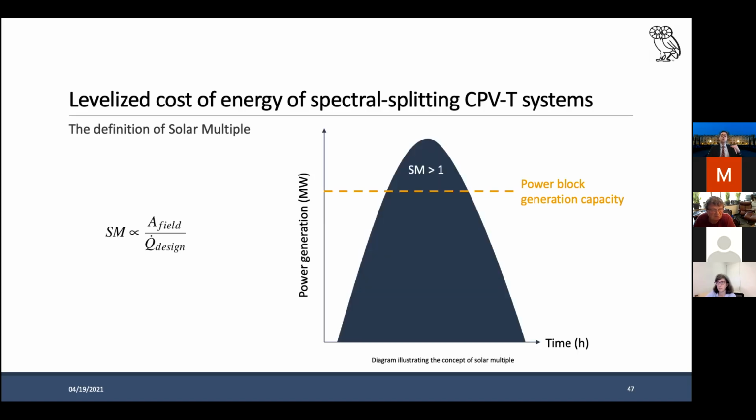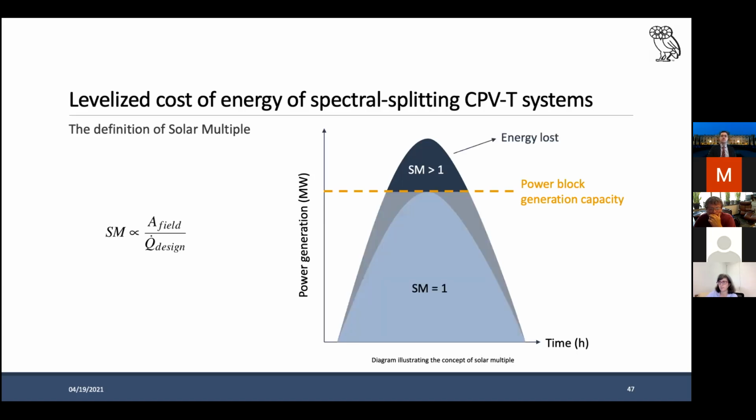A solar multiple above 1 means that the solar field provides thermal energy sufficient to operate the power block during several hours during the day. A solar multiple value that is significantly above 1 usually leads to thermal energy being lost, since the power block has a maximum generation capacity.